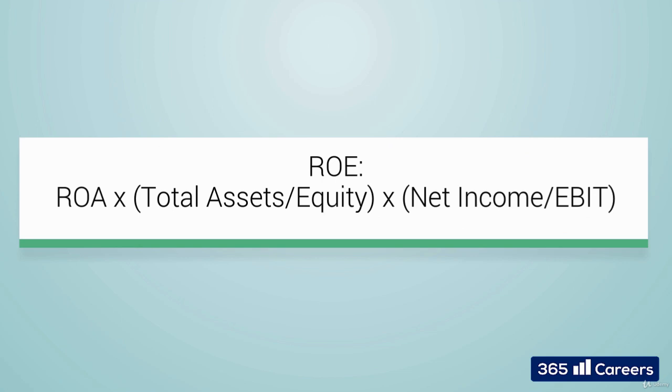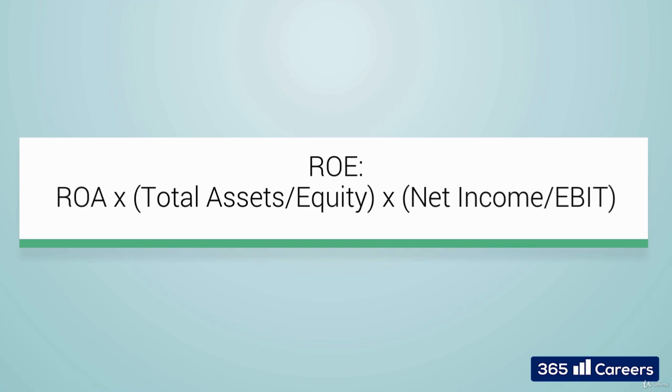The ROE ratio can be decomposed. Take a look at the following formula. It shows us that ROE is equal to the following three components. ROA, the ratio that we saw before, multiplied by total assets over owner's equity, multiplied by net income over EBIT. Each of the three components points to a different aspect of the company's structure.